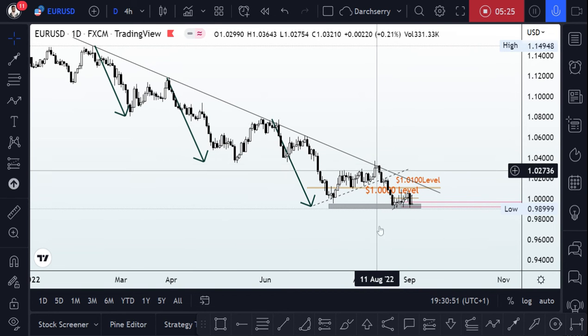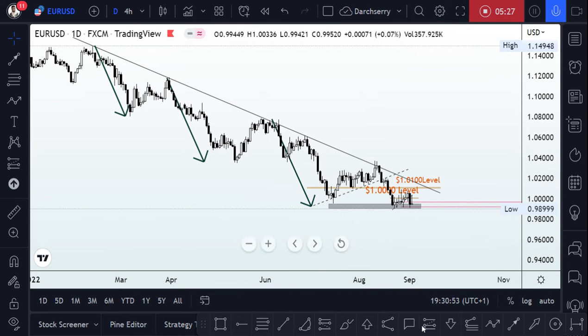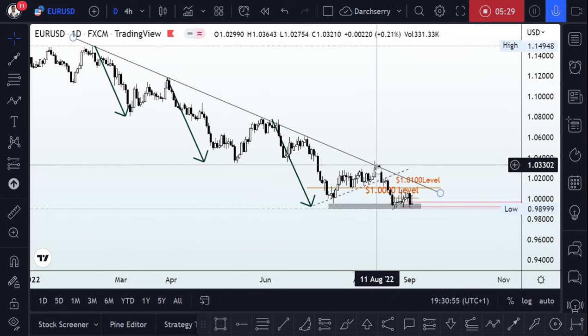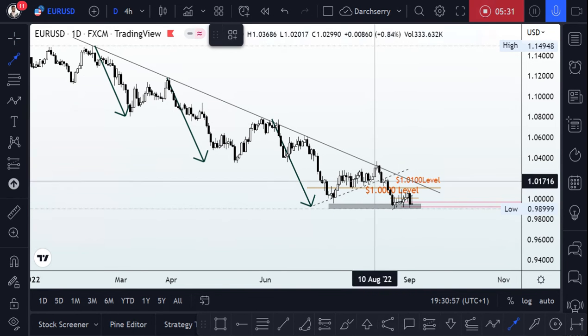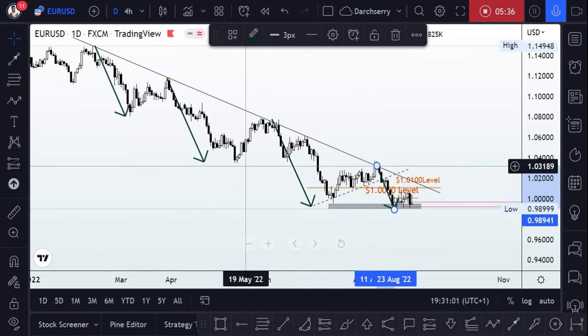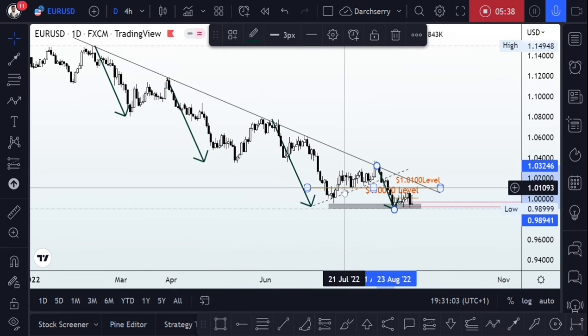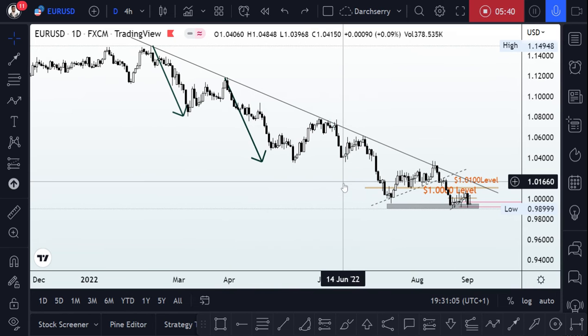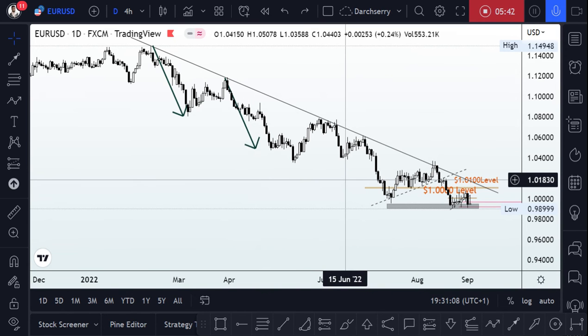We can see after the touch of this bearish trend line here, the momentum appears to reduce. You can see this is not as long as the previous momentum we have noticed along this trend.